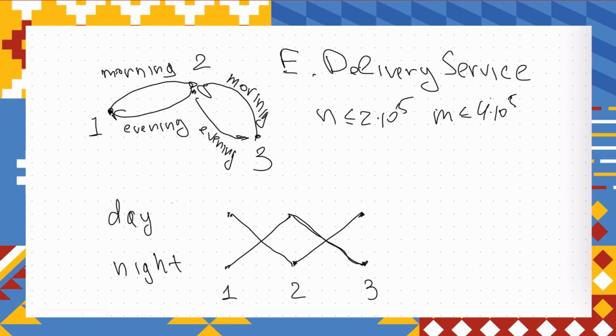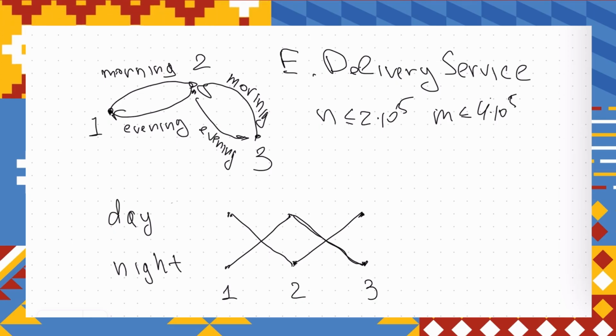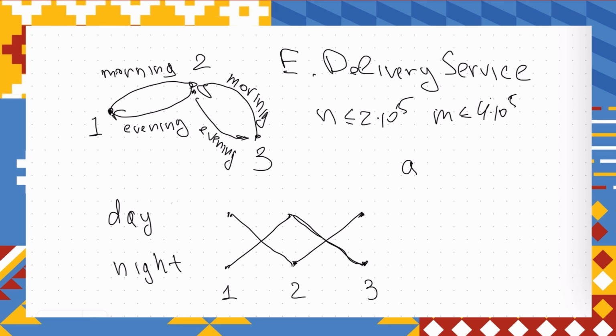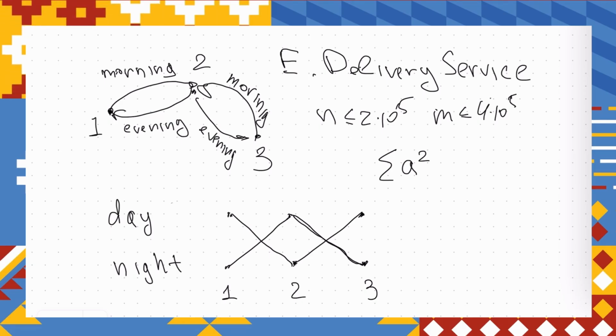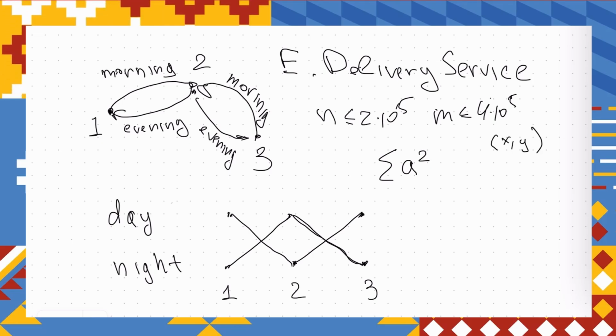For each component, we can compute the total number of different vertices in this component, and the total number of pairs would be just the sum of A squared over all components. But what did we count twice? For each vertex, we can compute a pair x and y of the components it is located in.